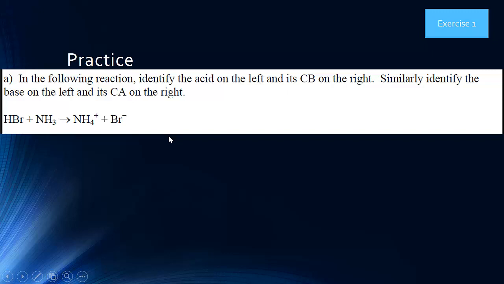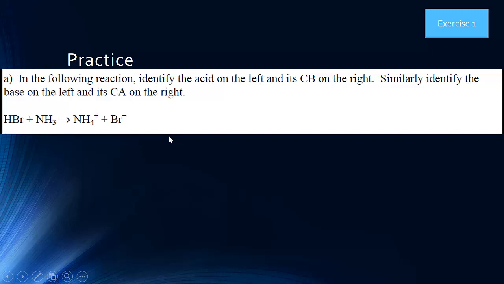So, for example 1 in your packet, we have a couple questions. The first one says, here is hydrobromic acid and ammonia producing ammonium and the bromide ion. Label what is the acid, what is the base, the conjugate acid, the conjugate base, and show the movement of hydrogens, much like we've done.